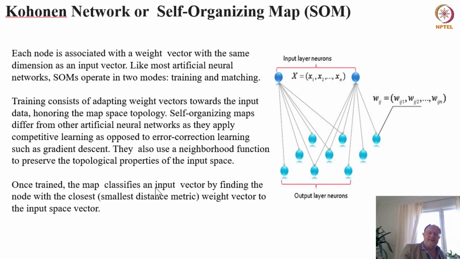But in the testing phase, what the system does is, for each test case, it tries to find the node with the weight vector that gives the smallest Euclidean distance to the test case.